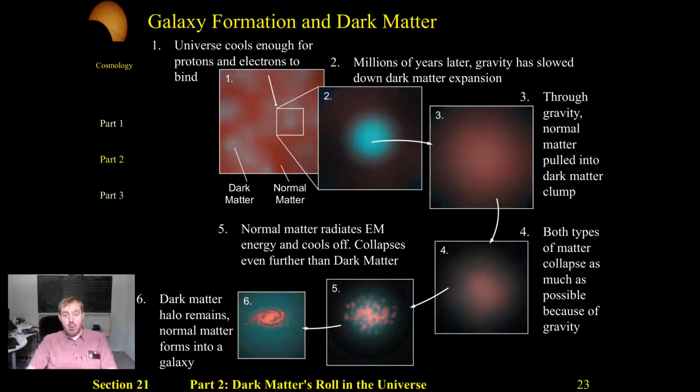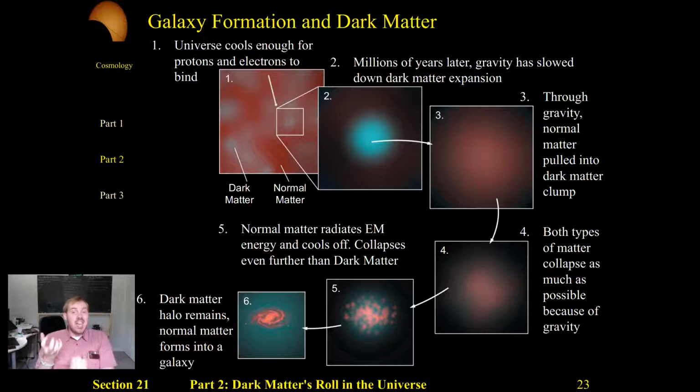The normal matter is squeezing in more and more, and because it's a bunch of protons and electrons, they can cool off even further. They spit out photons. They can radiate some of their energy away as thermal photons. So while the dark matter is clumped in a little bit, the normal matter has gone even further because it can cool much more.